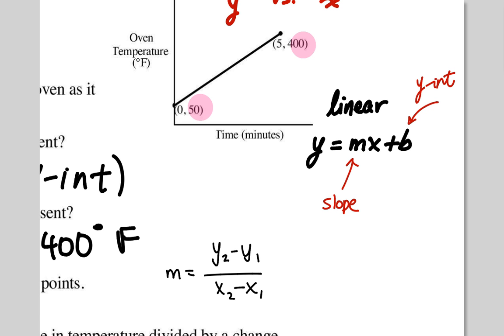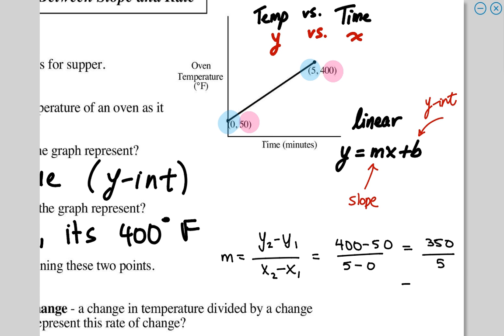So 400 take away 50 is 350. Now how about the x? Where's x2? 5 and x1, 0. Good. So 5 take away 0 is 5. And we can finish this off. 350 divided by 5 is 70. Good.